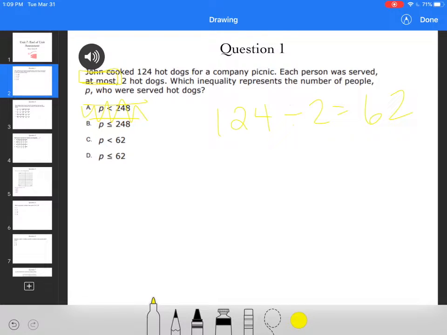Okay, so I know that at most they were served 2 hot dogs. So even if every single person got 2 hot dogs, 62 would be the number I would have. So I'm going to say D, because that could include if everybody got 2 hot dogs.